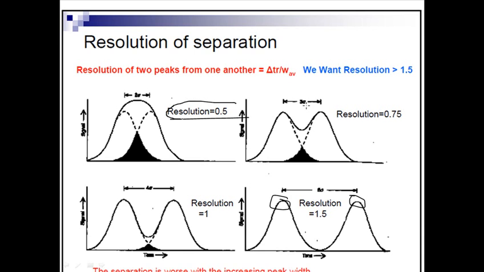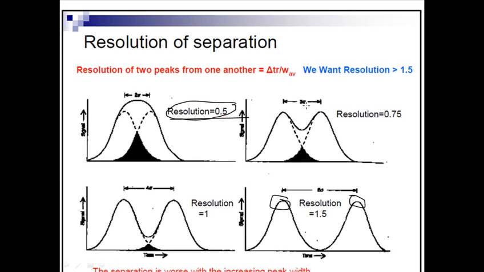So the resolution is getting lower, meaning the peaks are merging with each other and we do not find any distinct peak. When you find distinct peaks, that suggests the resolution is good, or the separation is good. If we have a resolution more than 1, the separation is good. If we have a resolution less than 1, the separation is not good at all.